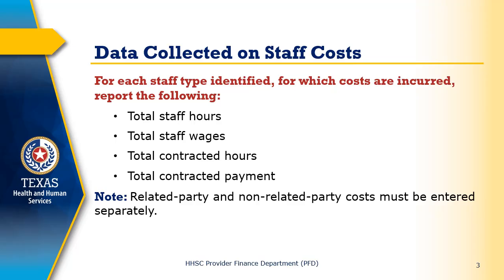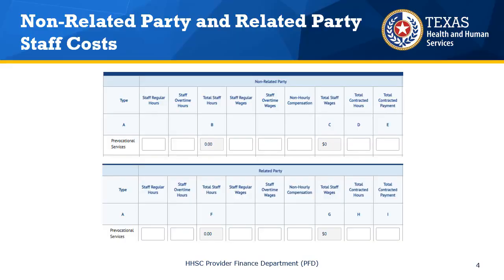The total contracted payment should also be recorded to provide a complete picture of expenses related to contracted staff. Note that all related party and non-related party costs must be entered separately to maintain clarity in financial reporting. This image displays the screen view for Section 7, Wages and Compensation of the CPC Cost Report.